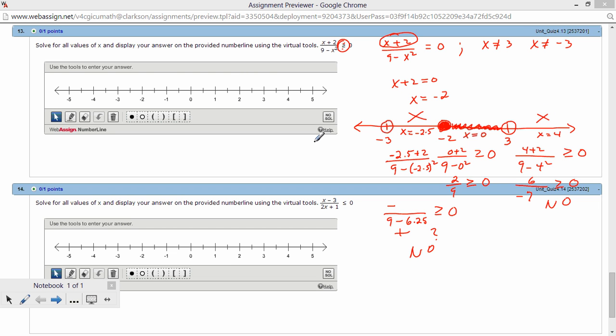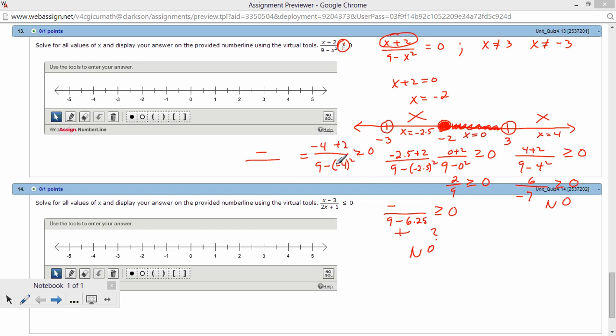Okay? And finally, a number below negative 3, we plug it in the original inequality, and we use like negative 4 plus 2 over 9 minus negative 4 squared. Is it greater than or equal to 0? Well, if you look at it, the numerator is plainly negative. Negative 4 plus 2, that's going to be a negative number, right?